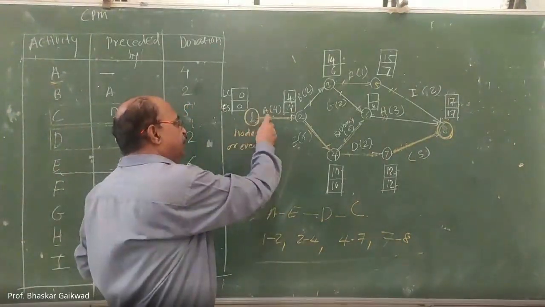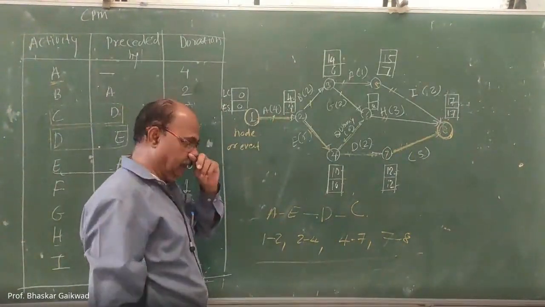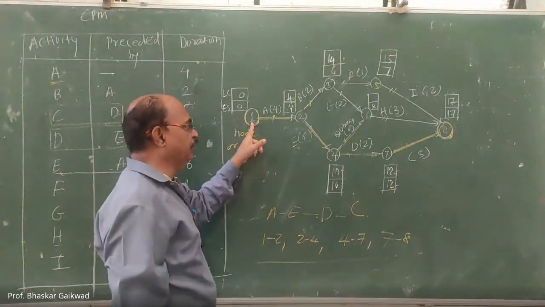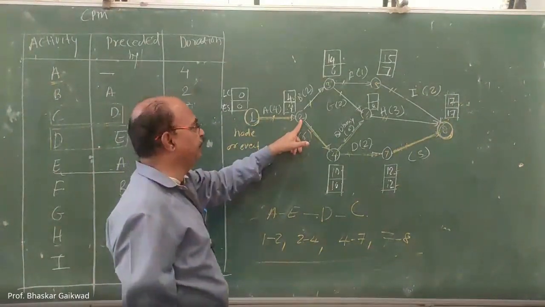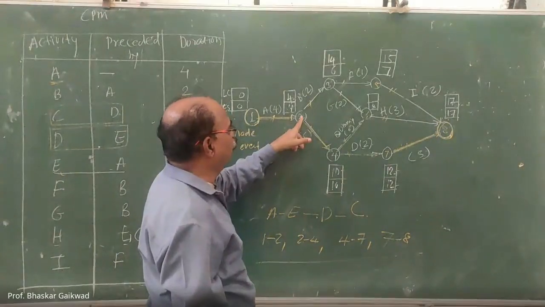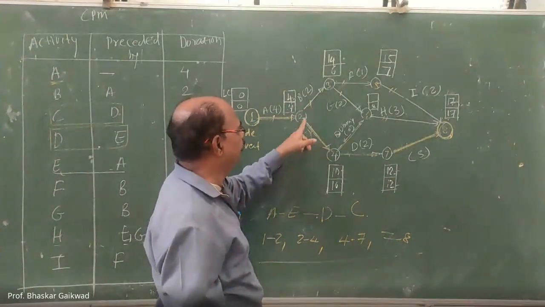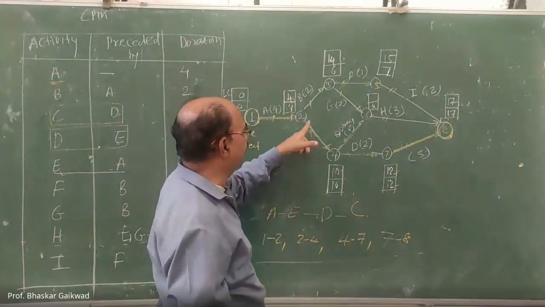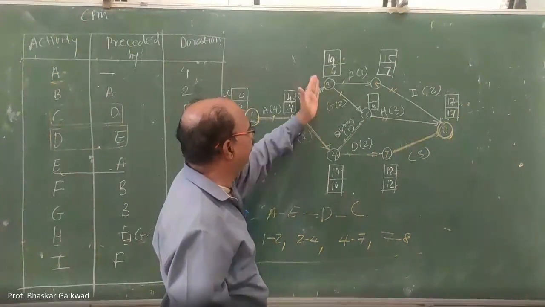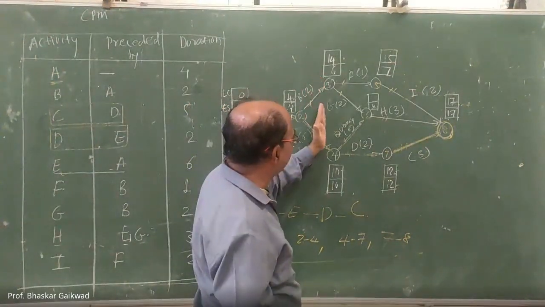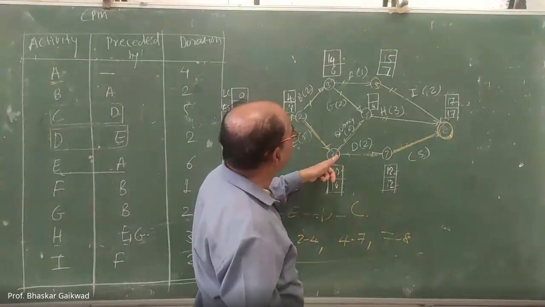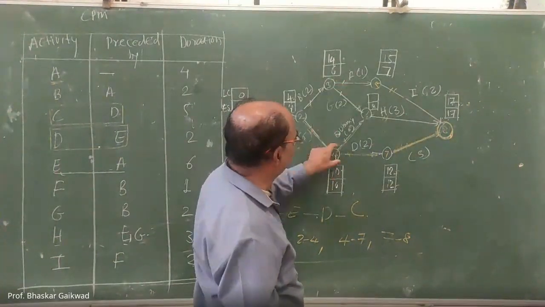You can give this number and cancel this point. So 1 will be there. You go to the next activity. Here, two activities are going out, so you can give 2 numbers here. You can cancel this for the time being. Now after that, which are starting from these two activities.